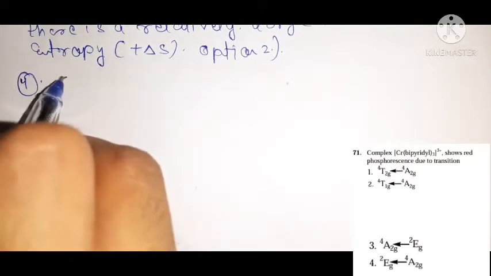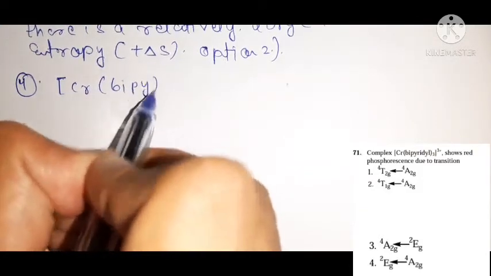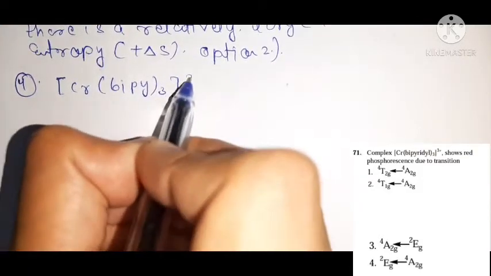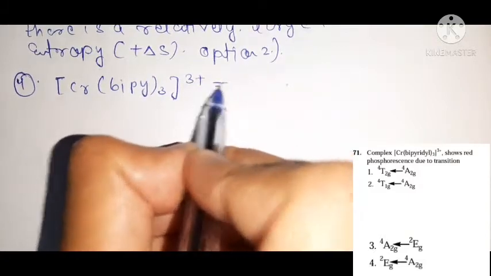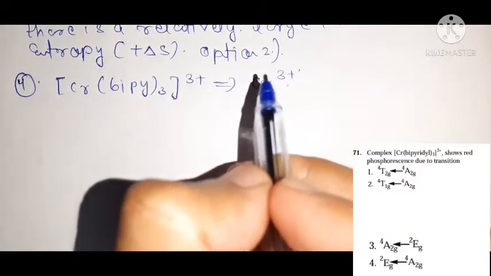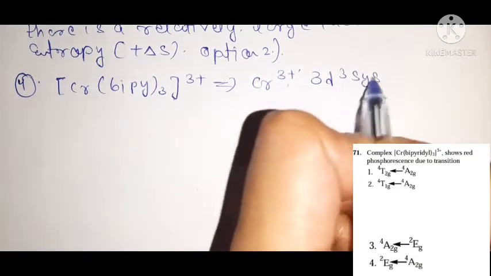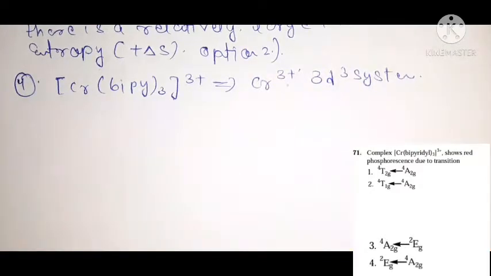Now in this complex, we clearly see that chromium is present in +3 oxidation state, and for chromium 3 plus it is 3d3 electronic configuration. Now first of all, we draw an orbital diagram for the 3d3 electronic configuration.